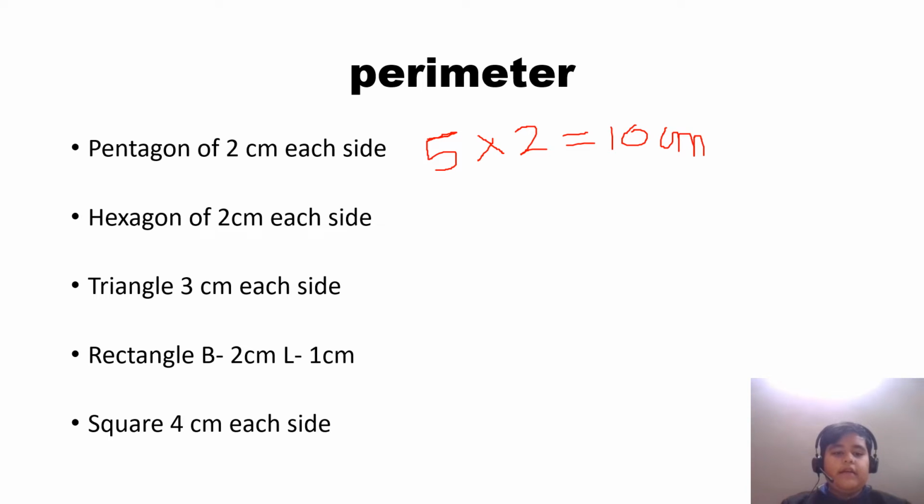Next is a hexagon of 2 cm each side. A hexagon has 6 sides and 2 cm each side means 6 into 2, and the answer will be equal to 12 centimeter.